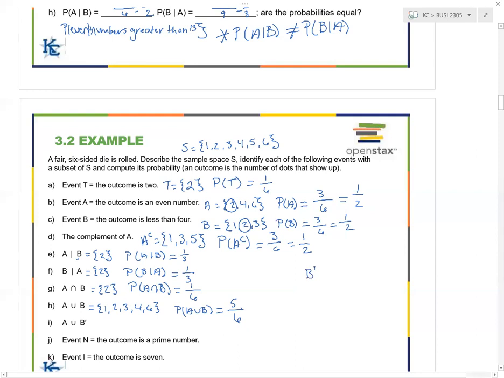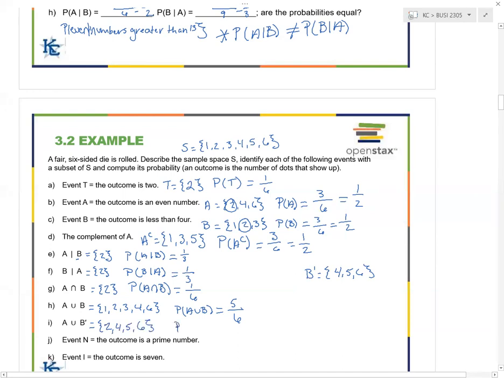If we want to find A union B complement, we can think about it this way. We can find B complement. So we know B complement is 4, 5, 6. So if we want A union B complement, then we're looking at what occurs in either A or B complement, 2, 4, 5, and 6.